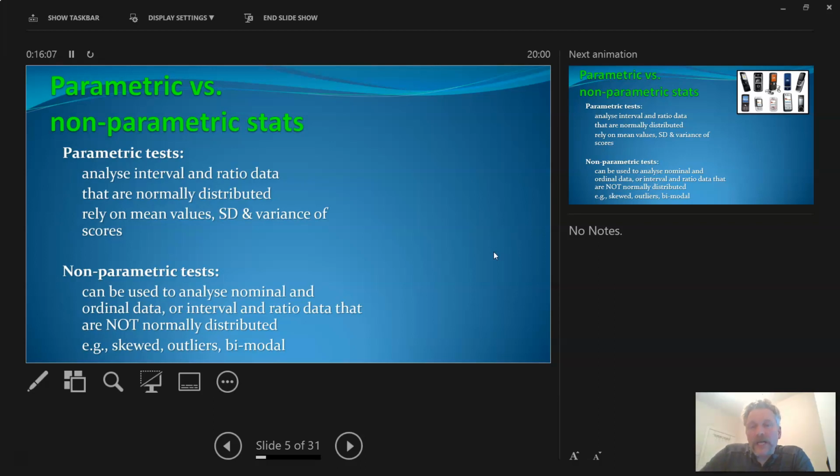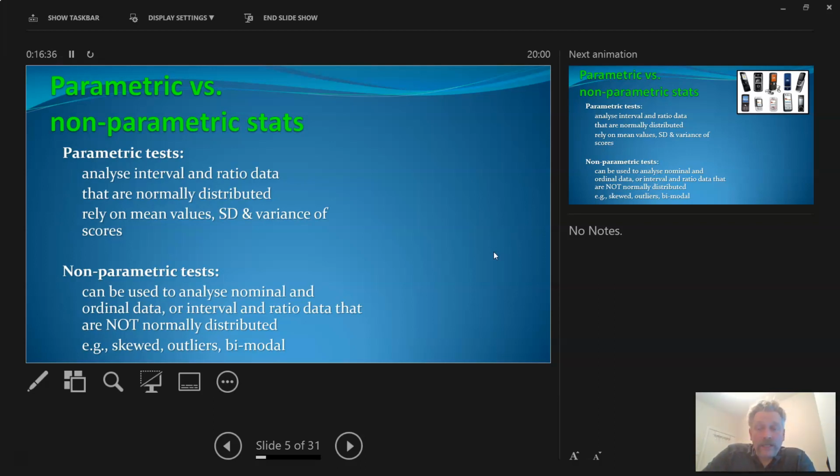Non-parametrics, on the other hand, can be used to analyse both nominal and ordinal, but also interval and ratio data. It doesn't matter if it's normally distributed or not. Well, I say or not, if you read more into this, you'll find that some tests do need similar levels of skewness across conditions and so on.